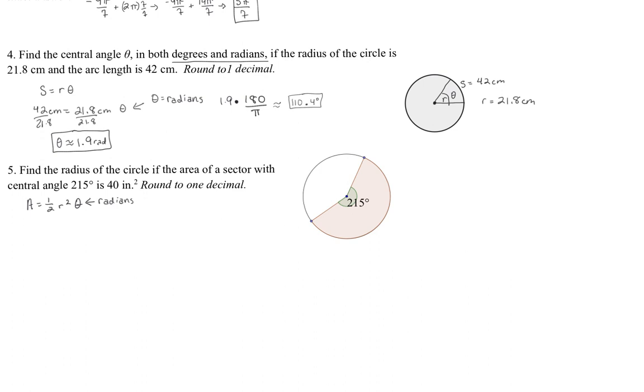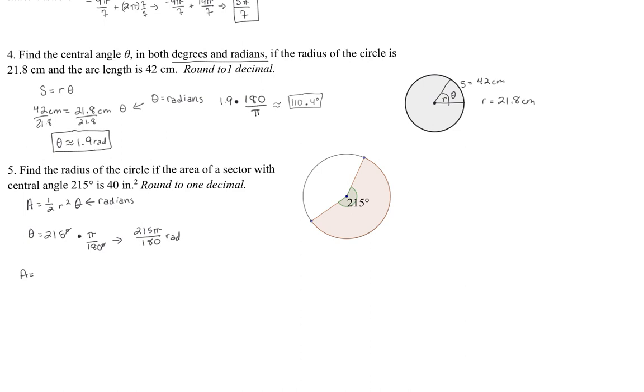So if we know theta in degrees, we can multiply by pi over 180 degrees, and we will get 215 pi over 180 radians.